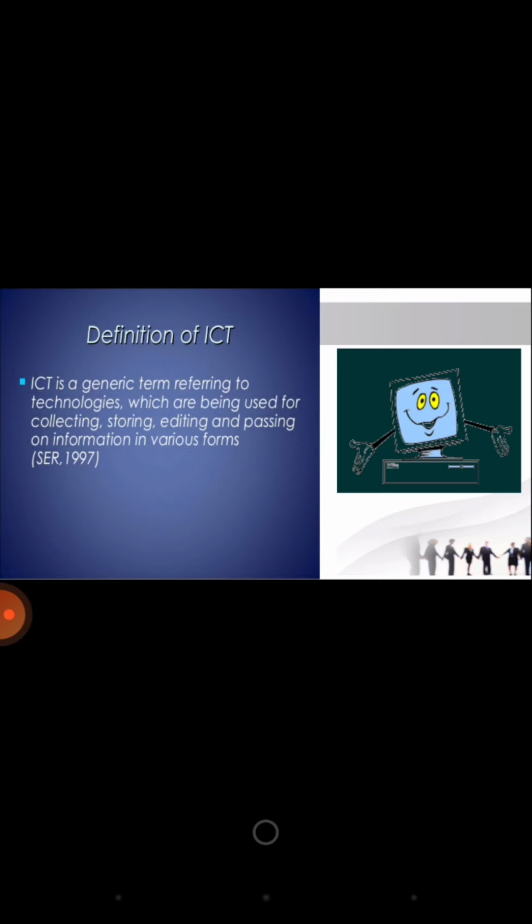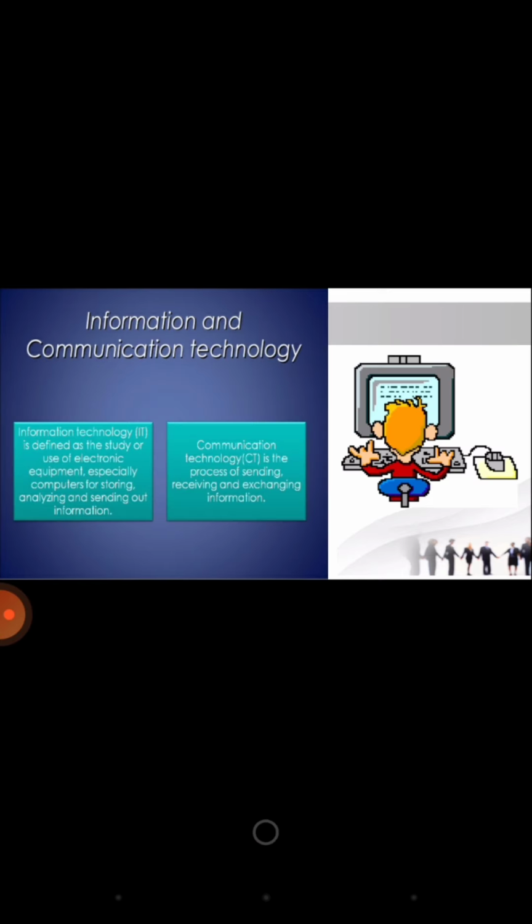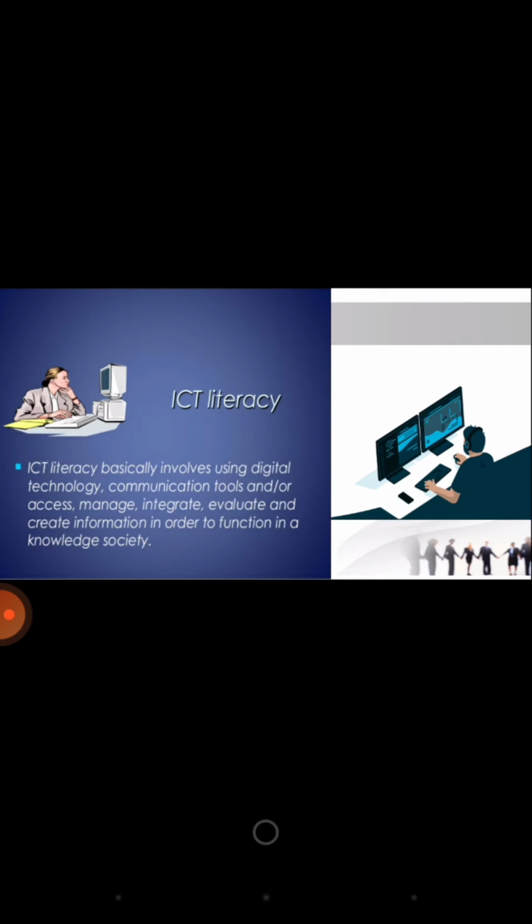In 1997, Information Technology, or IT, was defined as the study of the use of electronic equipment, especially the computer, for storing, analyzing, and sending out information. Communication Technology, or CT, is the process of sending, receiving, and exchanging information. Understood?